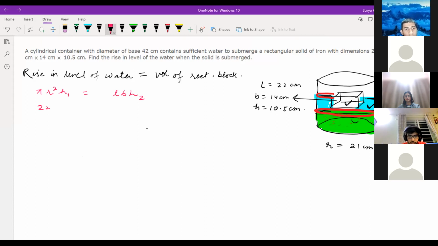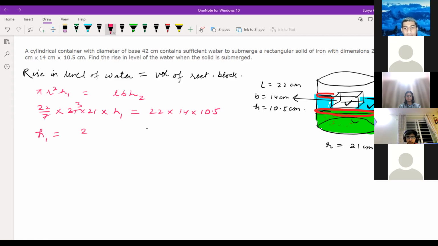So pi is 22 by 7. Radius is 21, into 21, into height. This height only we have to find, okay? It is equal to LBH. So 22 into 14 into 10.5. Drishi, don't multiply this, it becomes more complicated. Now h is equal to what we can write? 7 3s are 21, you can cancel.